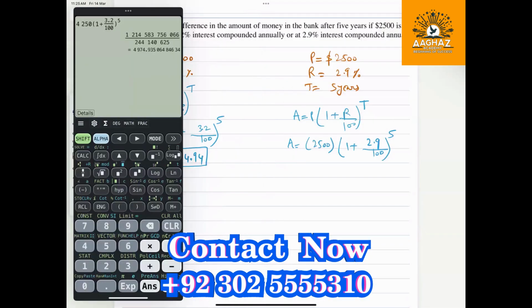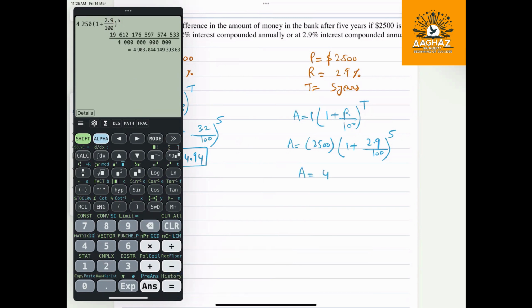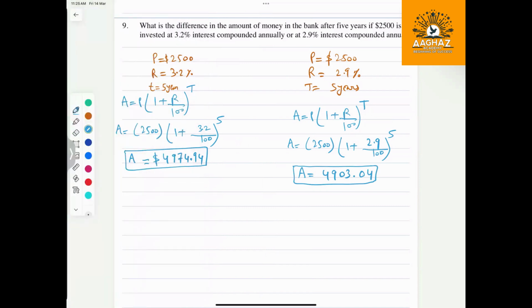And now for the other, 2.9, the amount will be $4903.04. And now you can see that you found the answer for both, and which one has more interest. So 3.2% has more interest.